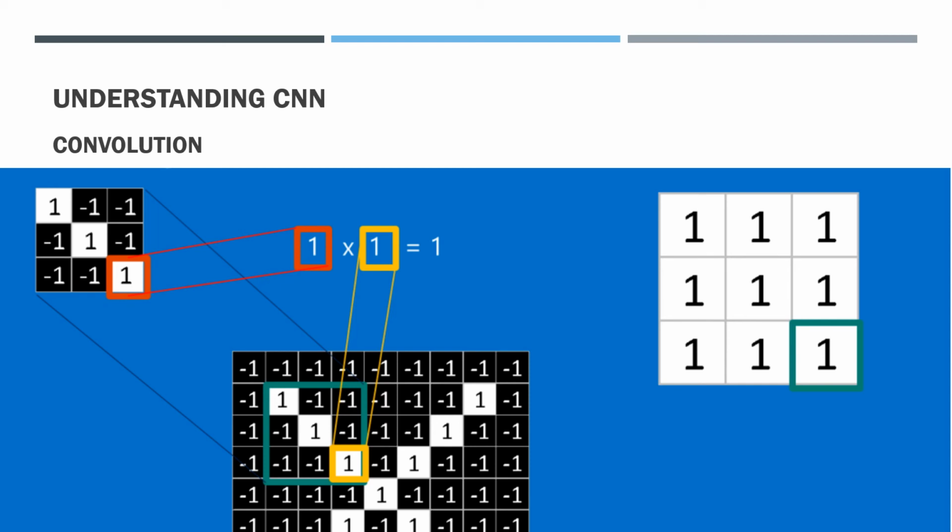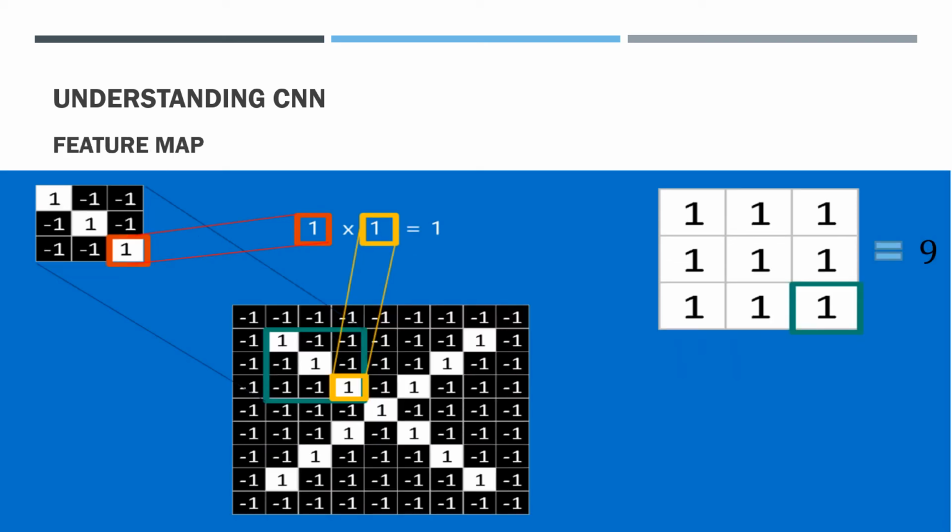That result is then summed up, and the output is going to be 9. Likewise, this 3 by 3 patch is moved over this entire picture, and the output of each of these is consolidated and summed up and fed as the input to the next layer.